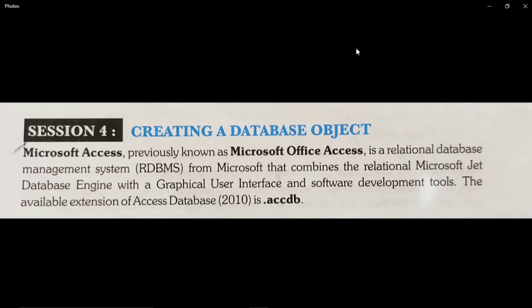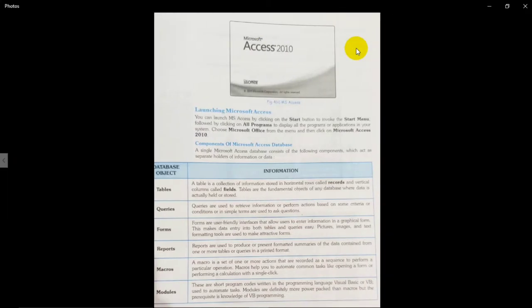Microsoft Access, previously known as Microsoft Office Access, is a relational database management system, RDBMS, from Microsoft that combines the relational Microsoft Jet database engine with a graphical user interface and software deployment tools. The available extension of Access database 2010 is .accdb.